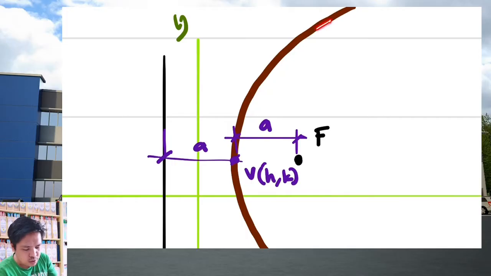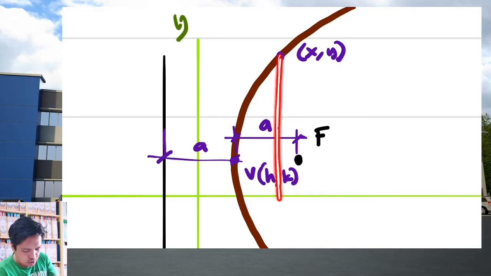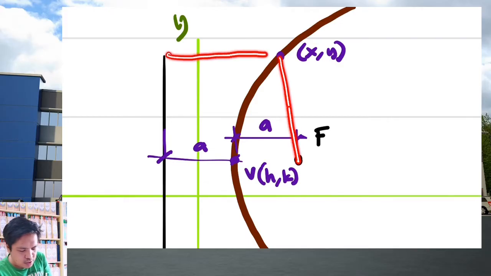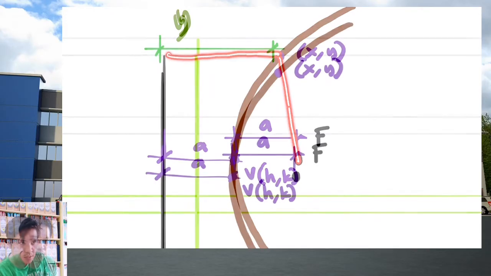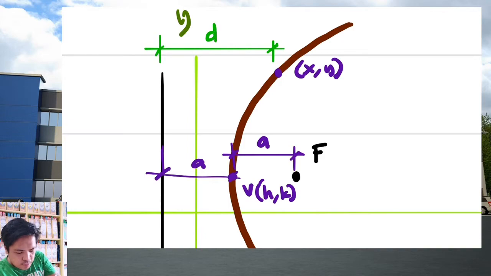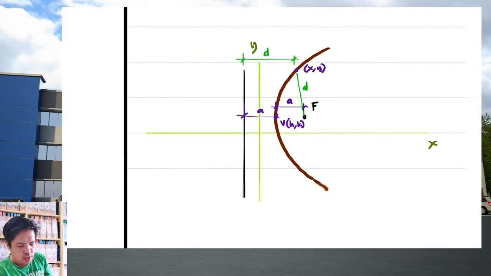Okay, now let us consider a point that runs on this parabola. Let's consider this as our point (x, y). That means this distance is y and this distance is x. By definition of a parabola, this distance should be the same as this distance. Let's call this distance d. So that means this distance is also d.